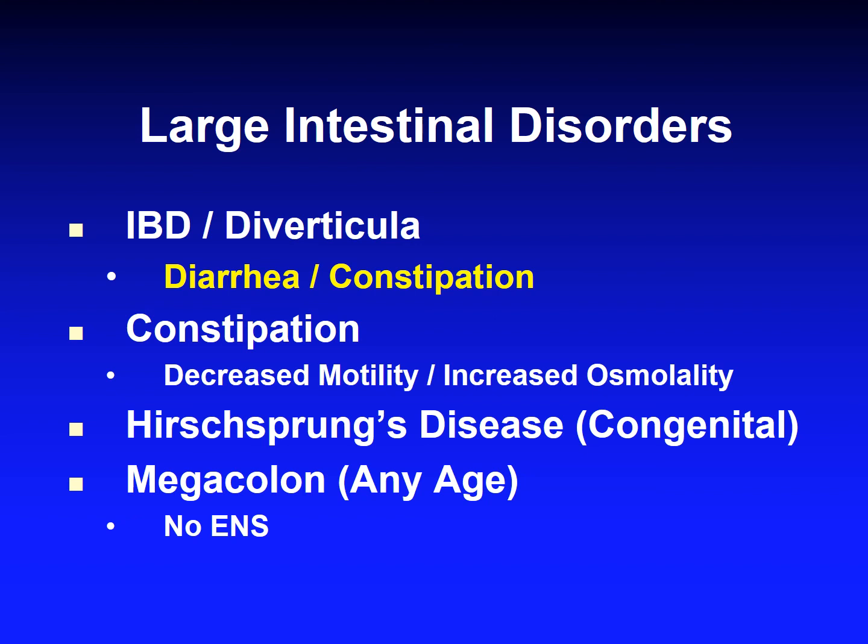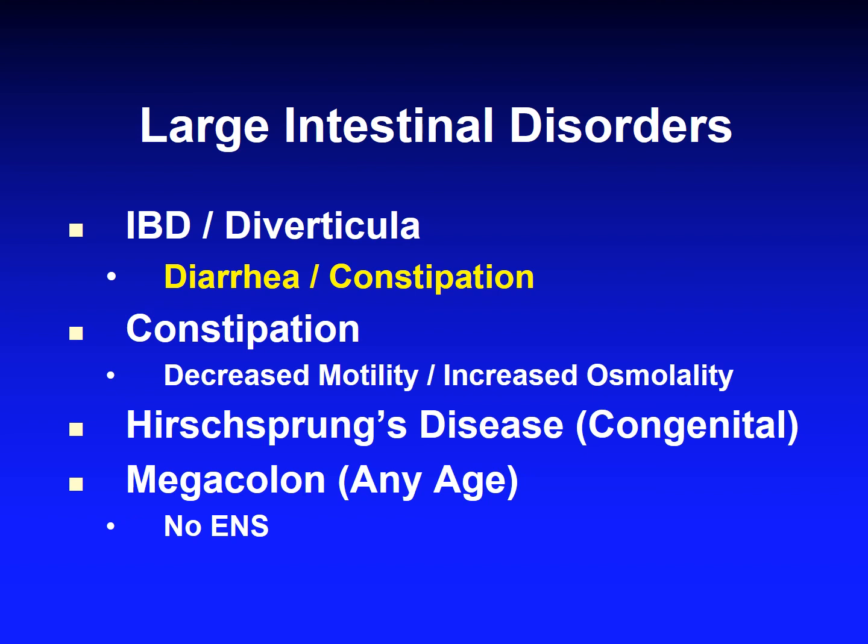Hirschsprung's disease is a congenital disease which is basically a megacolon. Megacolon means enlargement in the colon because there is no enteric nervous system.